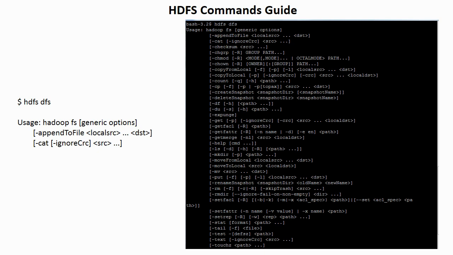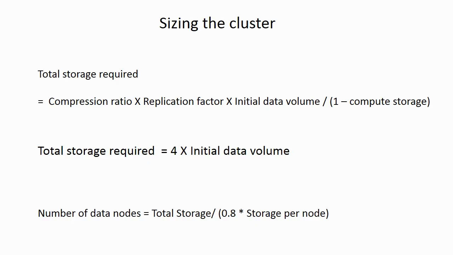Okay, so one last thing, how do we size the cluster? Let's say you are designing a cluster for your enterprise and they tell you we're going to have, let's say, 1 petabyte of data, and we want you to design a cluster to be able to store 1 petabyte of data initially.